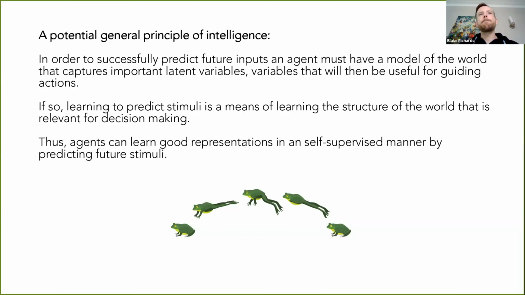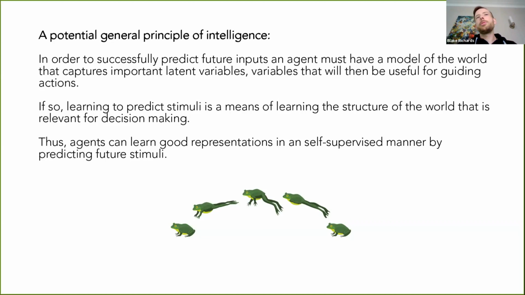So I want to start this with an argument for the idea that there is a general principle of intelligence that may have informed many of the operations of neocortical microcircuits.